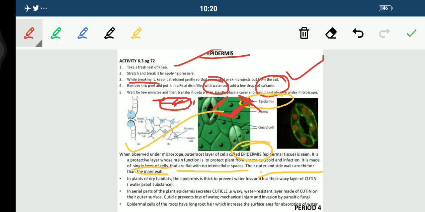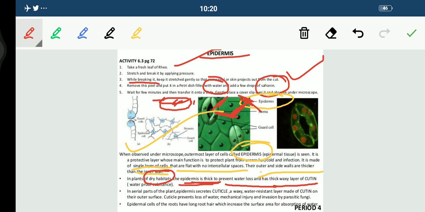In plants of dry habitat, those plants that live in dry habitats like desert areas, the epidermis is very thick. Do you know why? In order to prevent water loss, so there will be less transpiration, and they have a thick waxy layer of cutin.